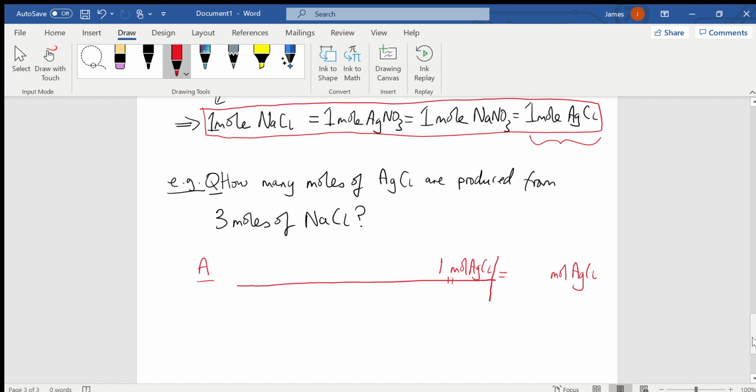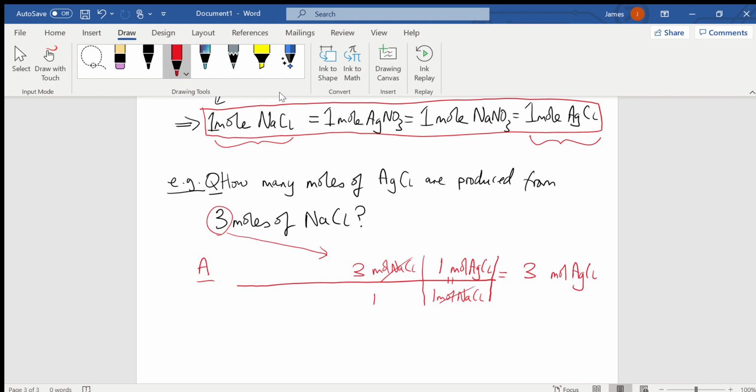Well, I know it's equal to 1 mole of NaCl. So I can write mole of NaCl here. And now I can use my input 3, which is my input. So it's 3 multiplied by 1 divided by 1, which is 3.